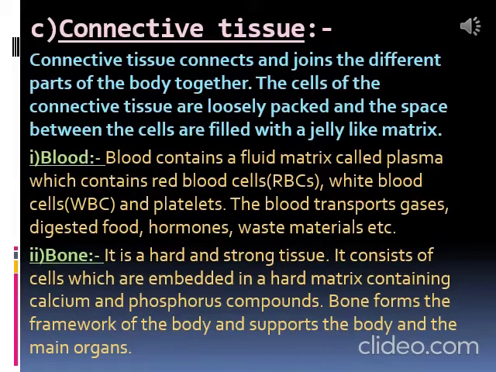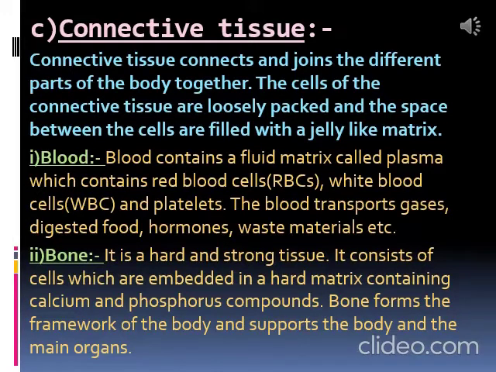So now students, we have completed two types of animal tissues. The third one is connective tissue. Connective means which connects or joins. So connective tissue connects and joins the different parts of the body together.